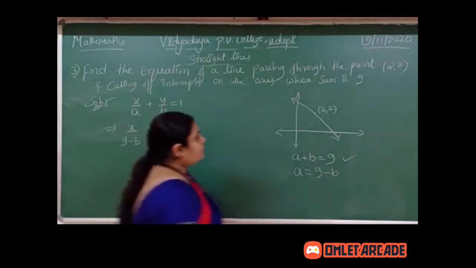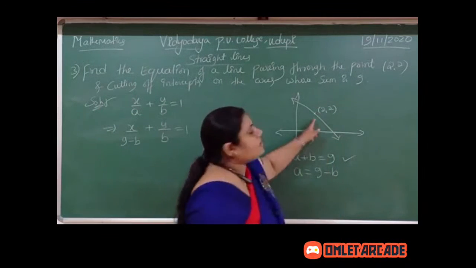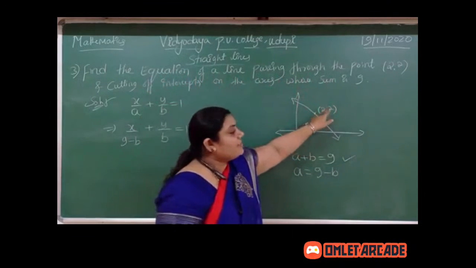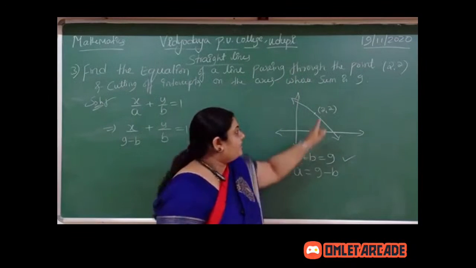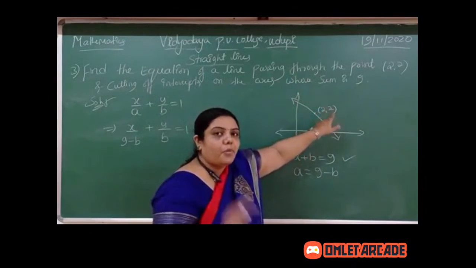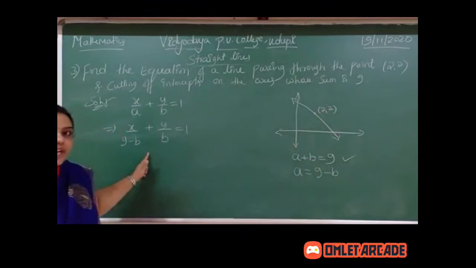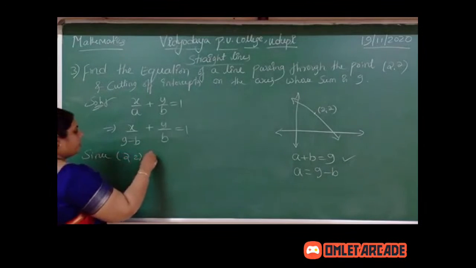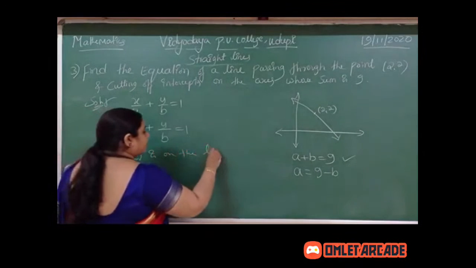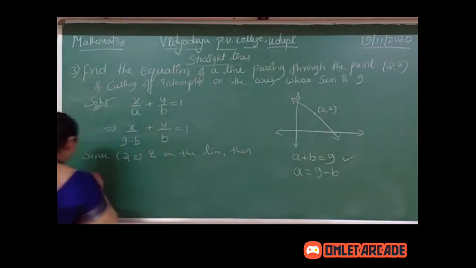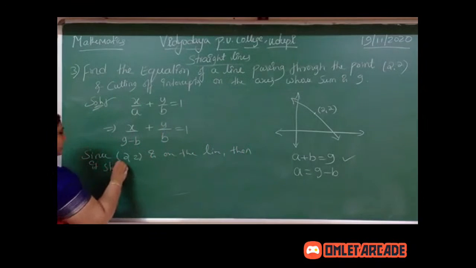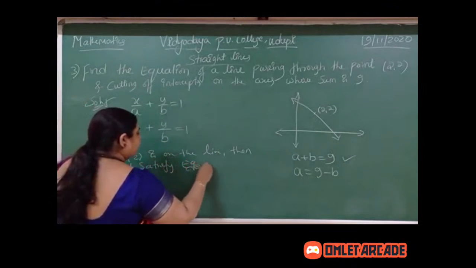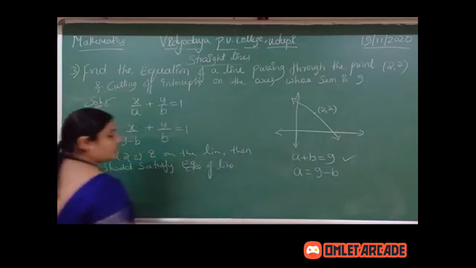And one more piece of information is given: a point on the line. Find the equation of a line passing through the point. The point on the line is given. If a point is on the line, then the point should satisfy the equation of the line, isn't it? Since (2, 2) is on the line, it should satisfy the equation of the line.